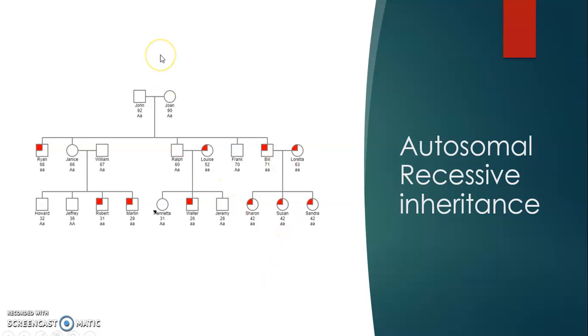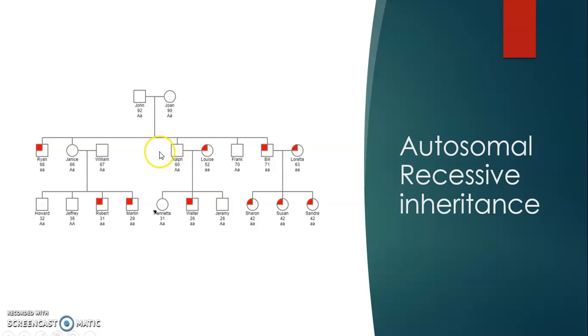This is just a pedigree of what an autosomal recessive inheritance looks like. So we have 2 carrier parents that then produce some affected children and some carrier children. So the affected children are going to be homozygous recessive, whereas the carriers are going to be heterozygous.